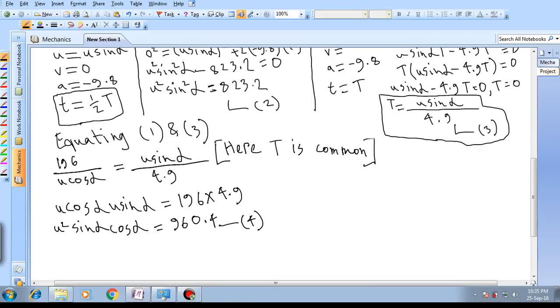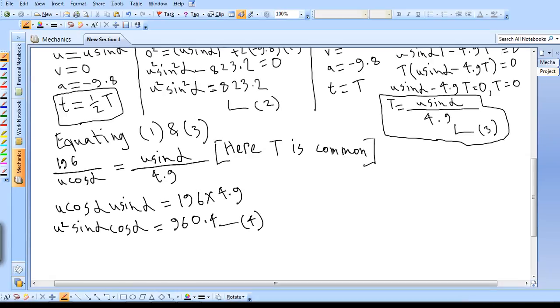Since the only relation here is product, we can divide equation 2 and 4.